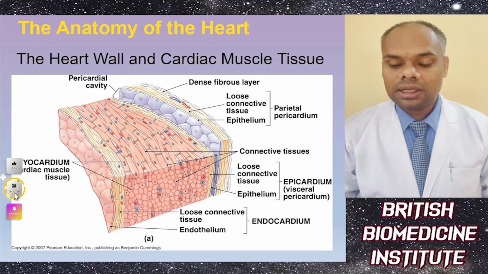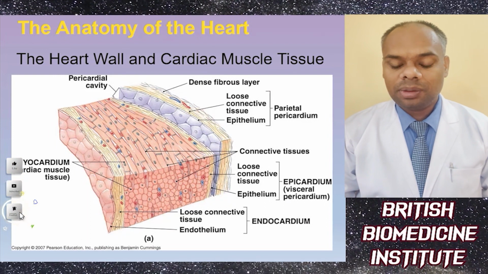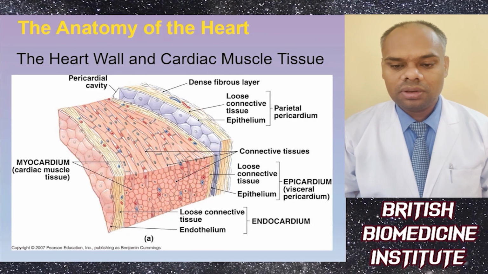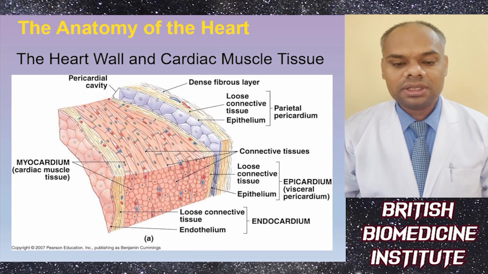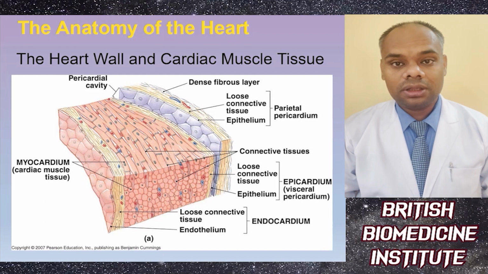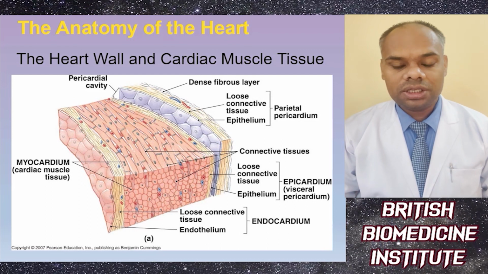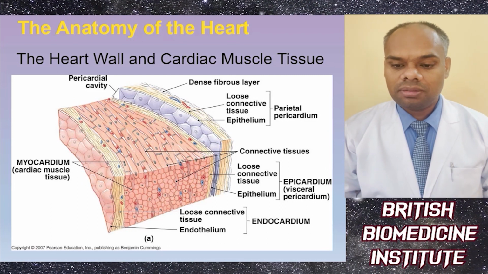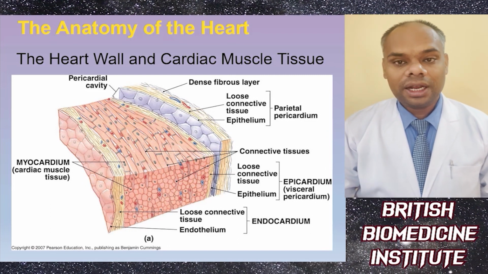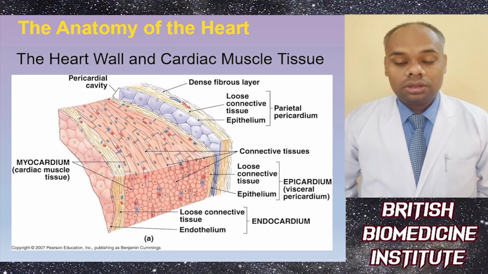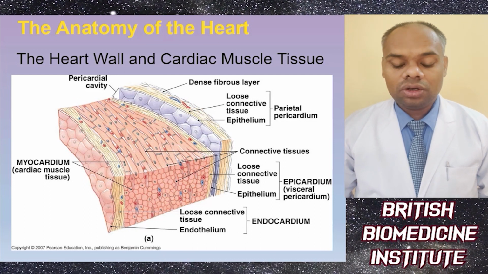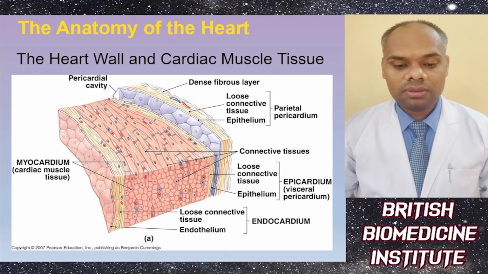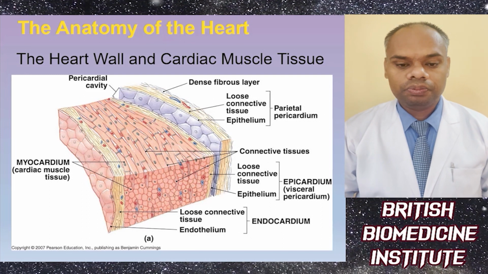The outermost layer is the parietal pericardium, which consists of loose connective tissue and epithelium. There is a dense fibrous layer, and then the epicardium, which is made up of visceral pericardium, again loose connective tissue and epithelium. In the endocardium there are endothelium and loose connective tissue, and there is also the myocardium, the cardiac muscle tissue.